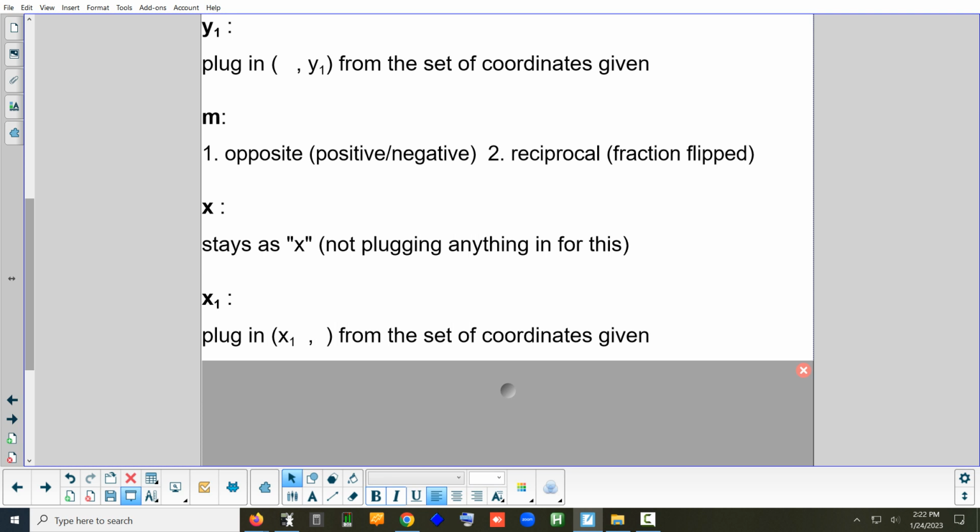So 3 things you have to figure out. The x1, the y1, and those are given to you, so those are easy. And then the m. And you have to figure out the m doing those 2 steps.